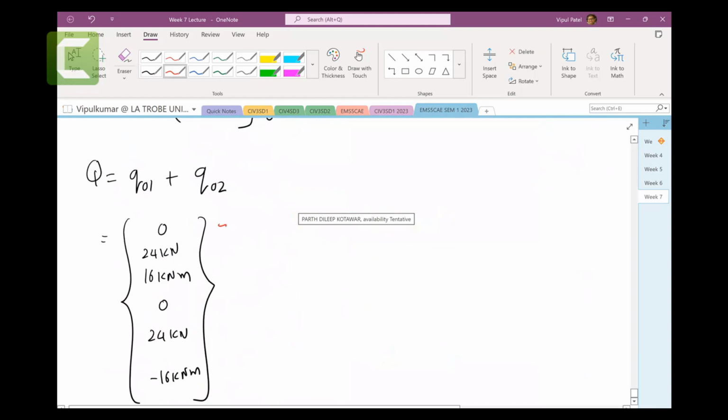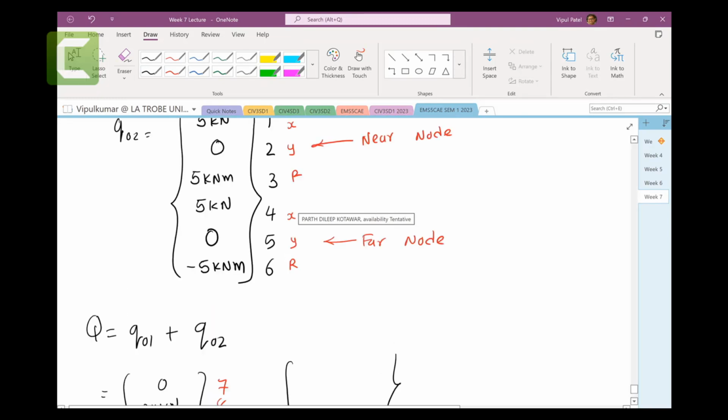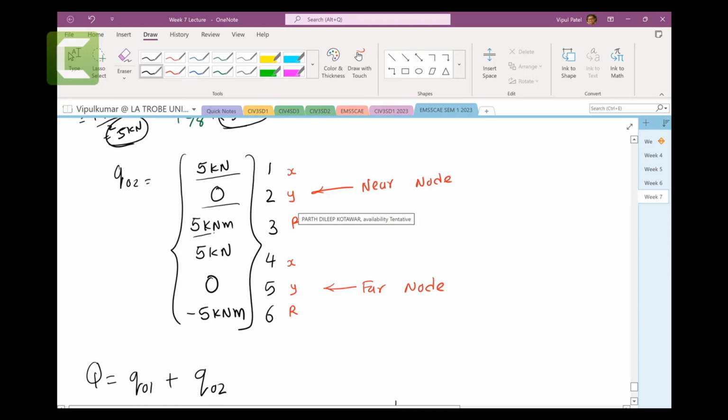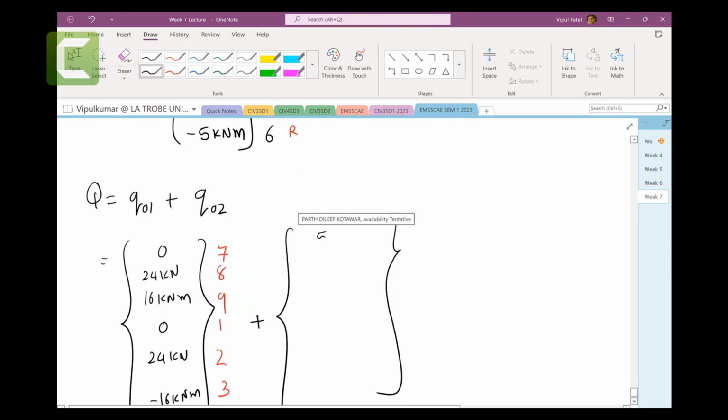So we put 7, 8, 9, 1, 2, 3, plus we have 5, 0, 5, so 5 kilonewtons, 0, 5 kilonewton meters.